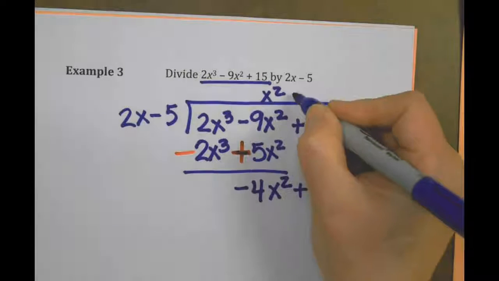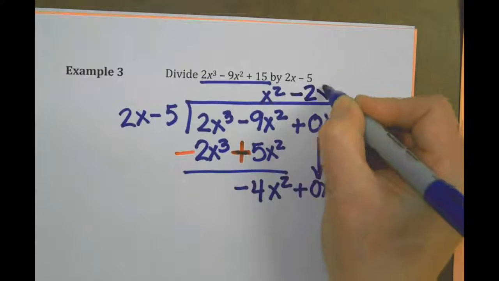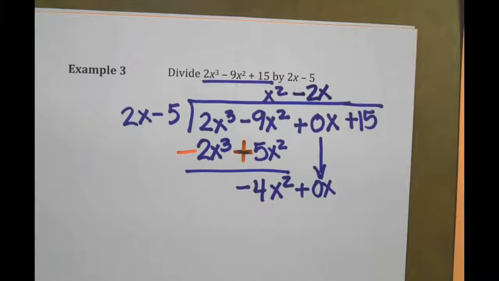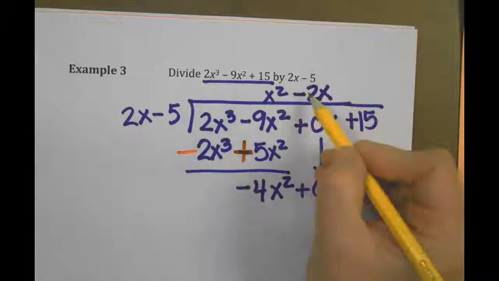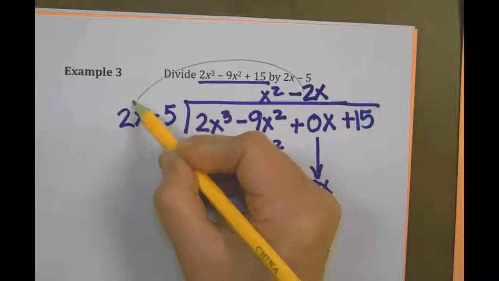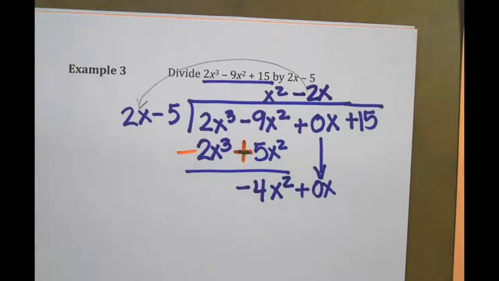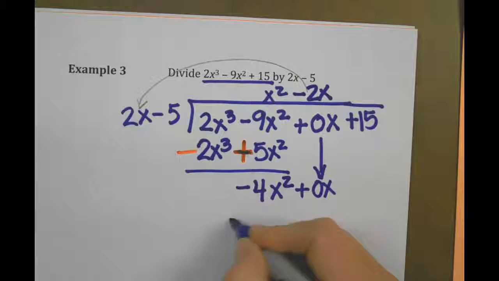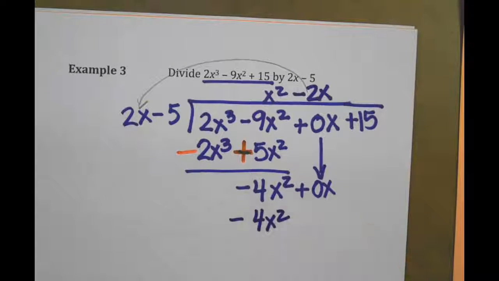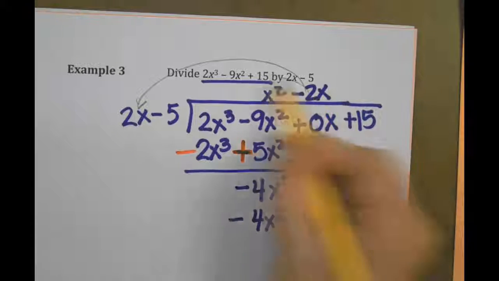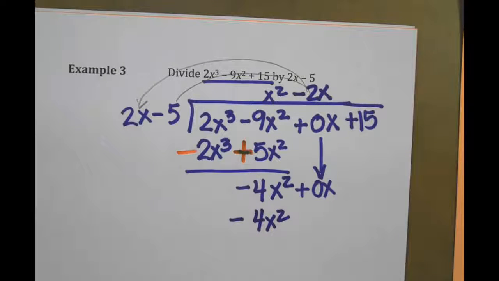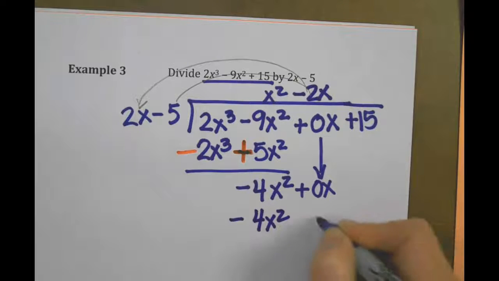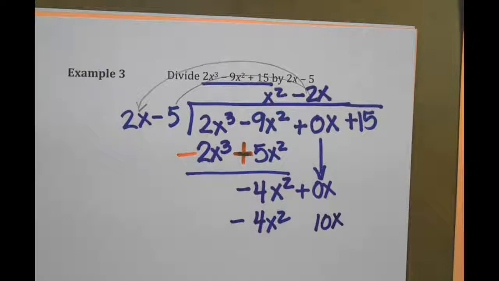What do I have to multiply 2 by so it's equal to 4? But it's negative, so I need to multiply by negative 2x. I'm going to multiply negative 2x times positive 2x. Negative 2 times negative 5 will make positive 10x.